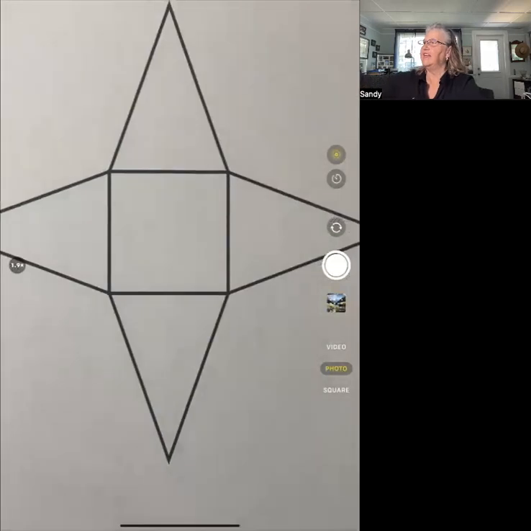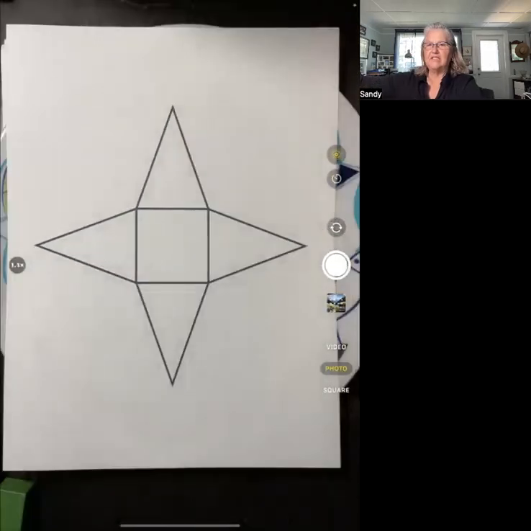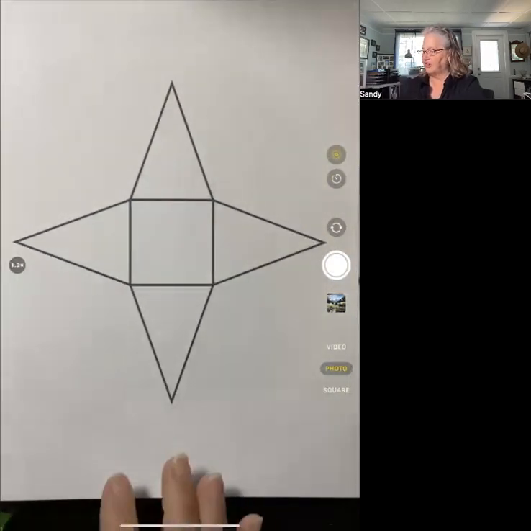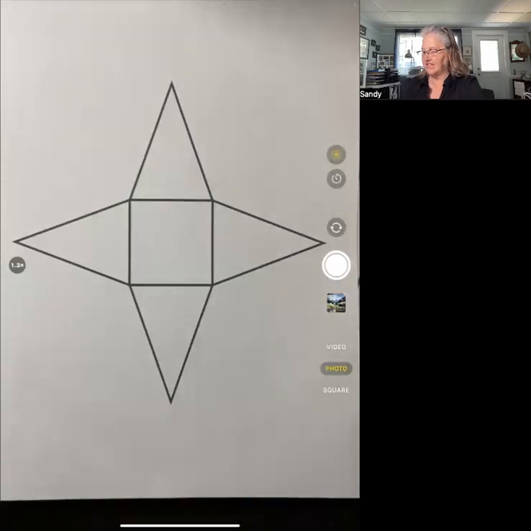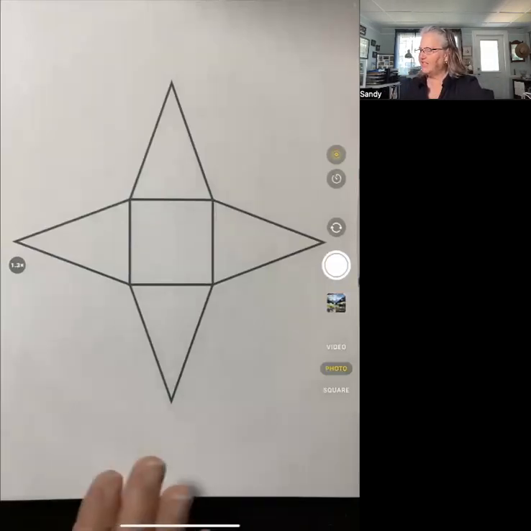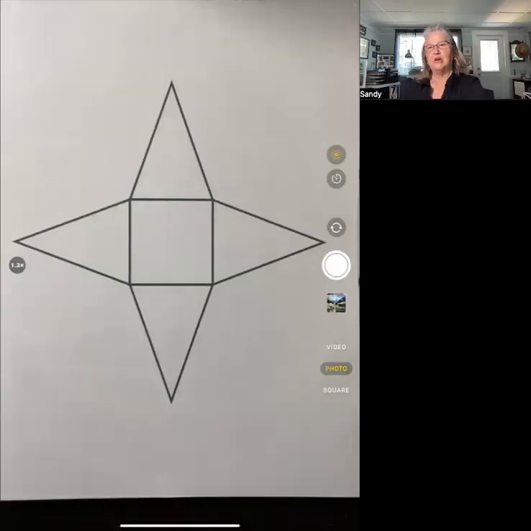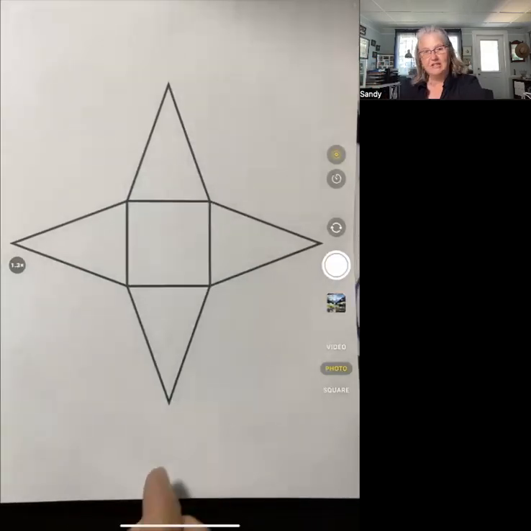And in the net, what happens is your children are given a 2D representation of a 3D shape. Essentially, what they're asked to do is identify the shape they would get if they cut this out and folded it up. Now, for many of your children, they haven't necessarily had experience that helps them go from the 3D to the 2D, but then they get this one, and it's hard for some of the kids.